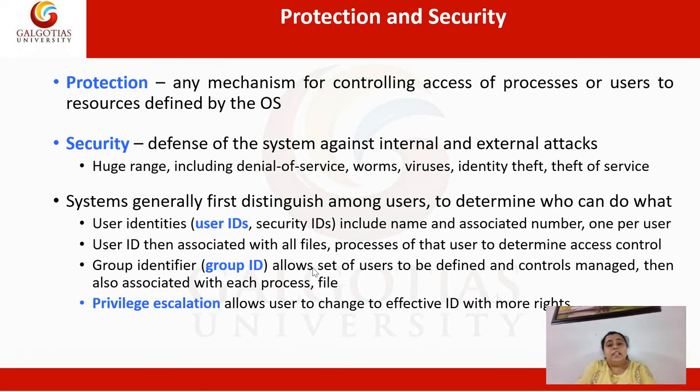Then it decides the group identifier. It allows users to be identified and the controls to be managed. Okay, and then privilege escalation allows a user to change effective IDs and have more rights. So all these things are done by your operating system. There are many such tasks that we are doing with the operating system.